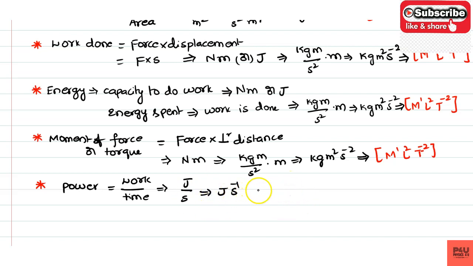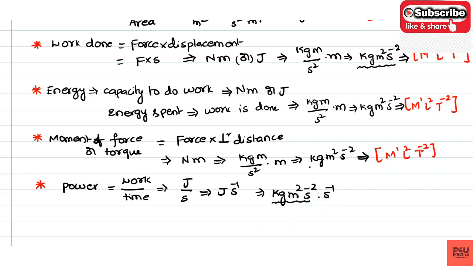But what is the work done unit? Actually, work done unit is kg meter square second power minus 2. So I am writing the same unit here, kg meter square second power minus 2 into second inverse.